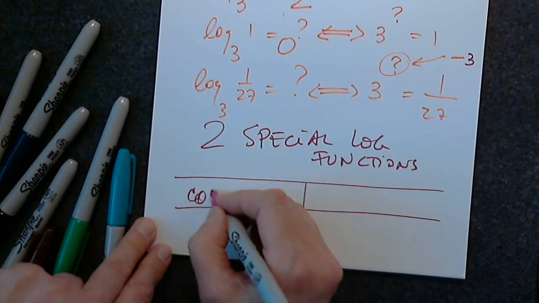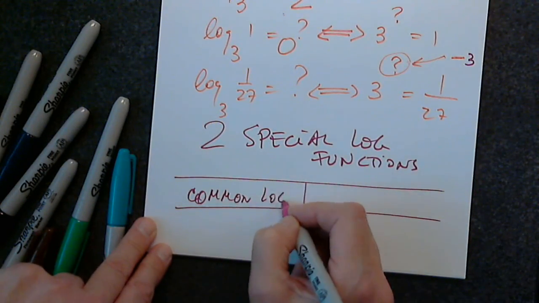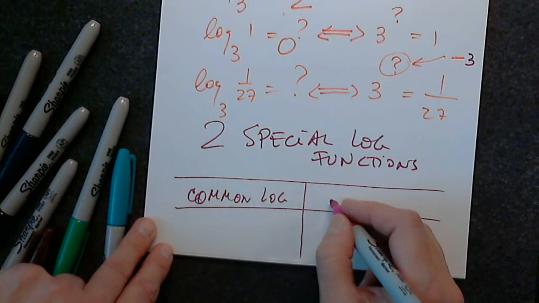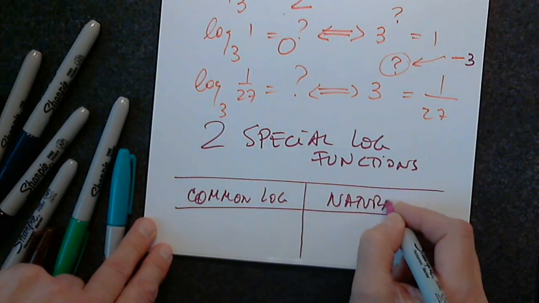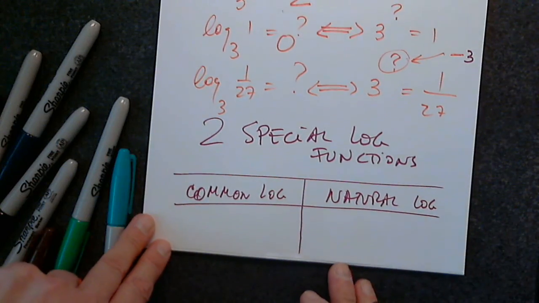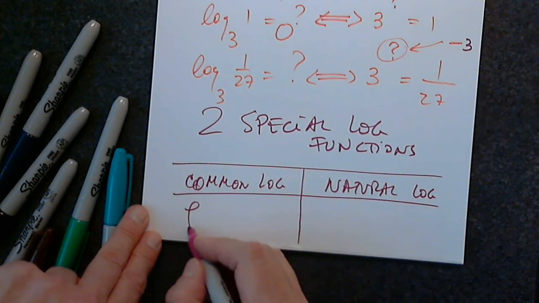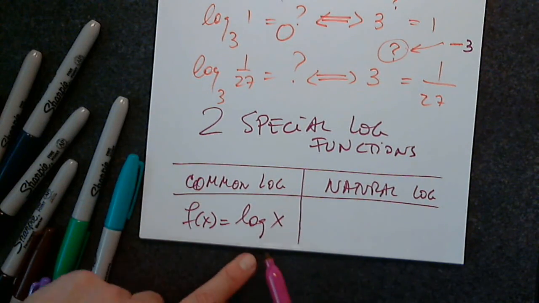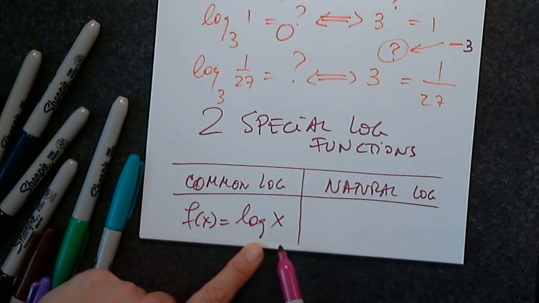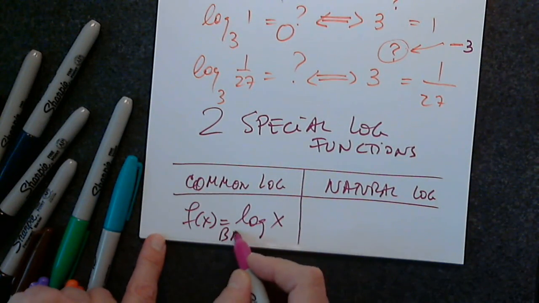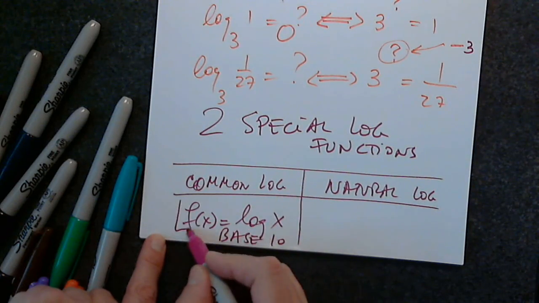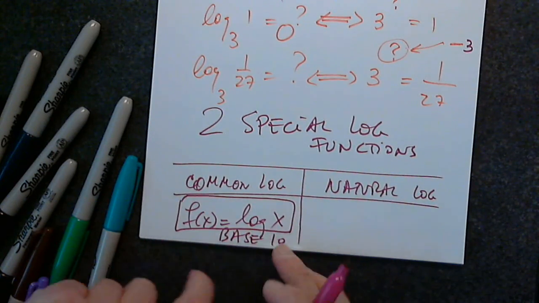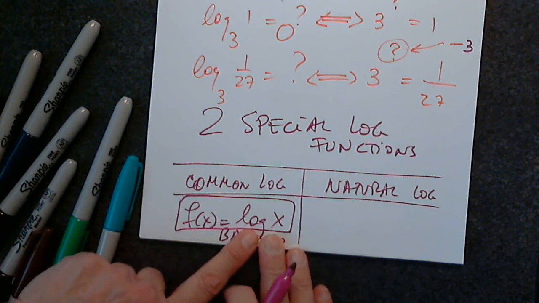So common log, of course, with base 10, and natural, of course, with base e. So here is f of x equals log x. I don't see a base here. Well, that's by convention. We know it's 10. So I'll say here base 10. But we do not write the base. This is the correct notation.